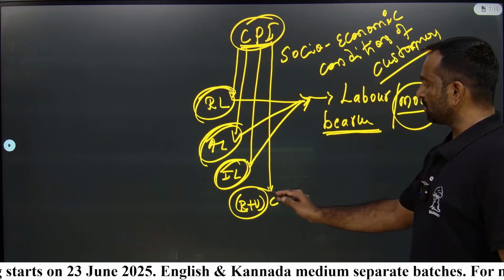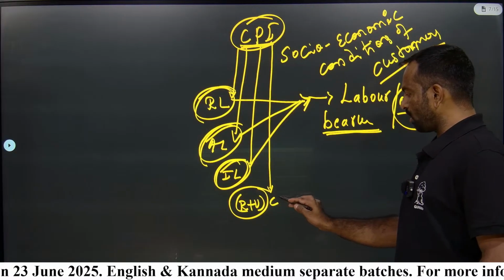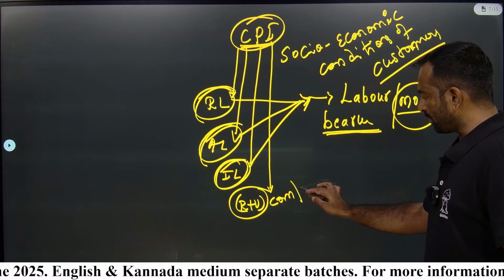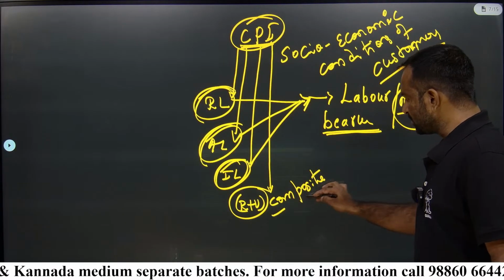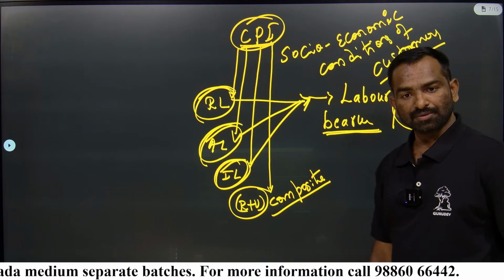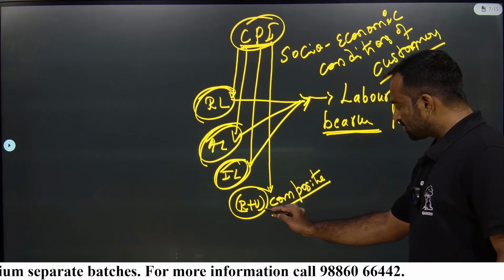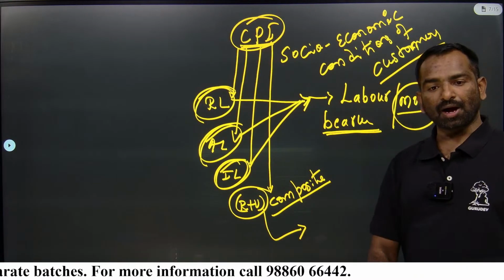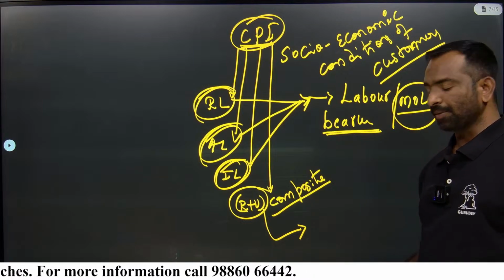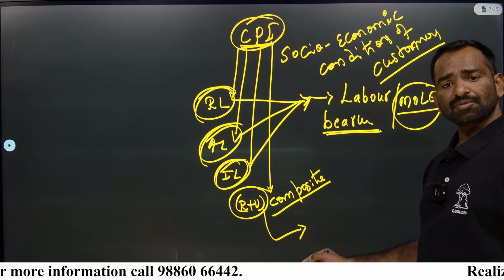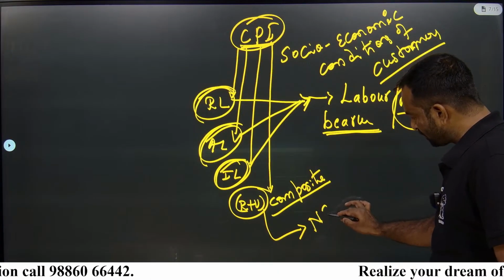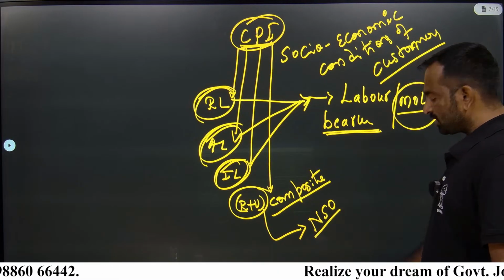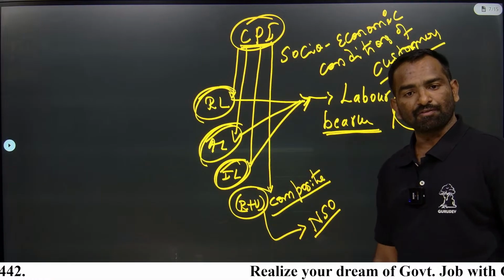What about rural and urban? That is the composite CPI, rural and urban. This index is published by the NSO, the National Statistical Office, which is very important.